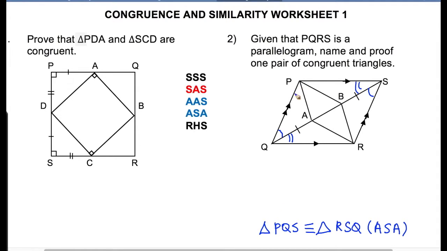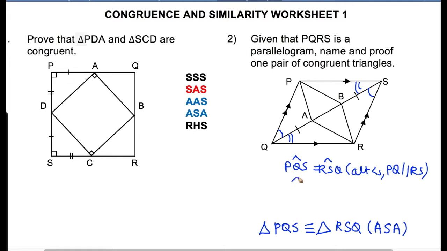The first angle is PQS. PQS is equal to RSQ, and they are alternate angles. And the parallel lines are PQ parallel to RS.